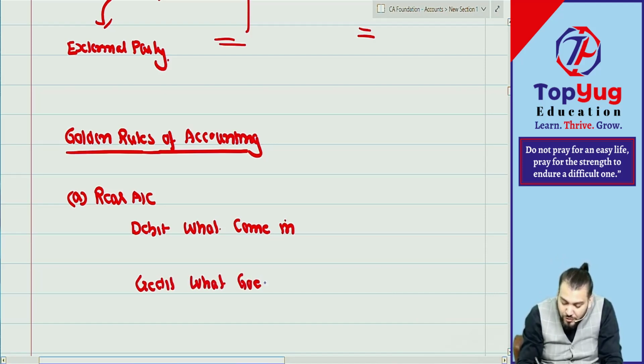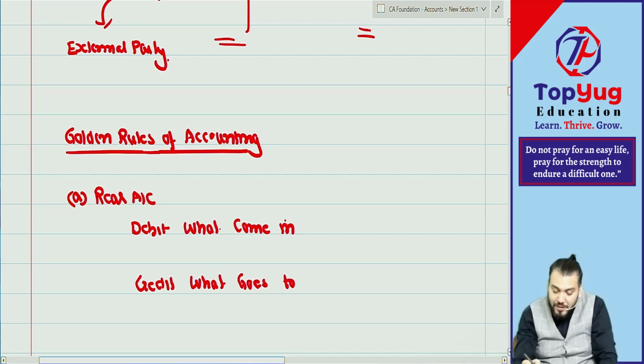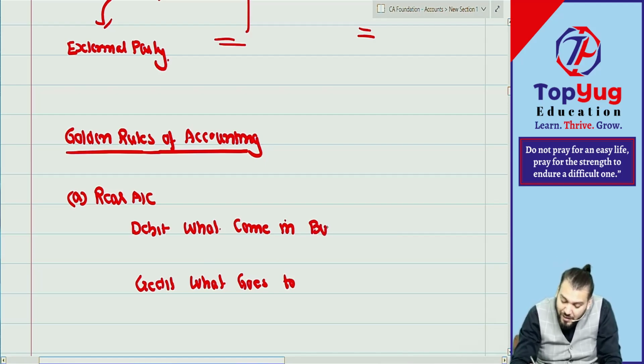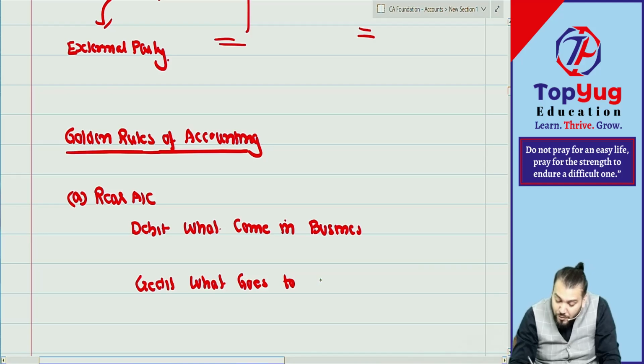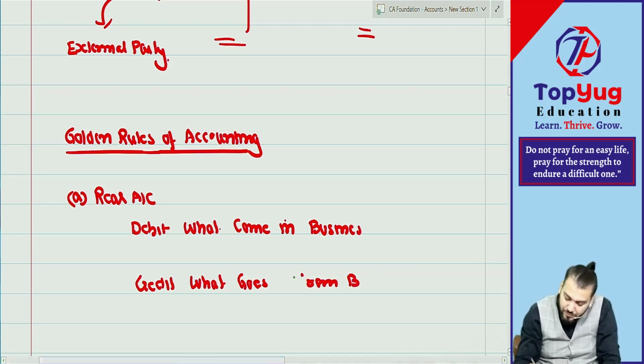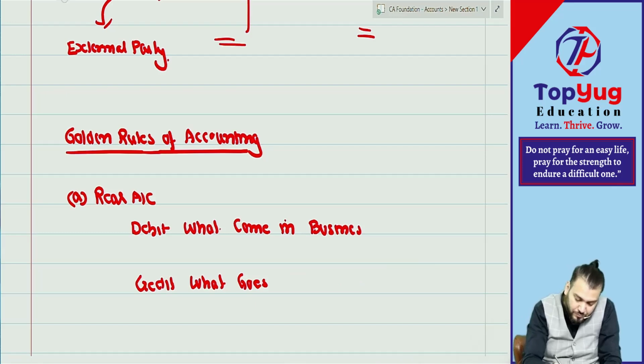But my question to you, debit what comes in where? In business. This is silent. In business, credit what goes out? From business.